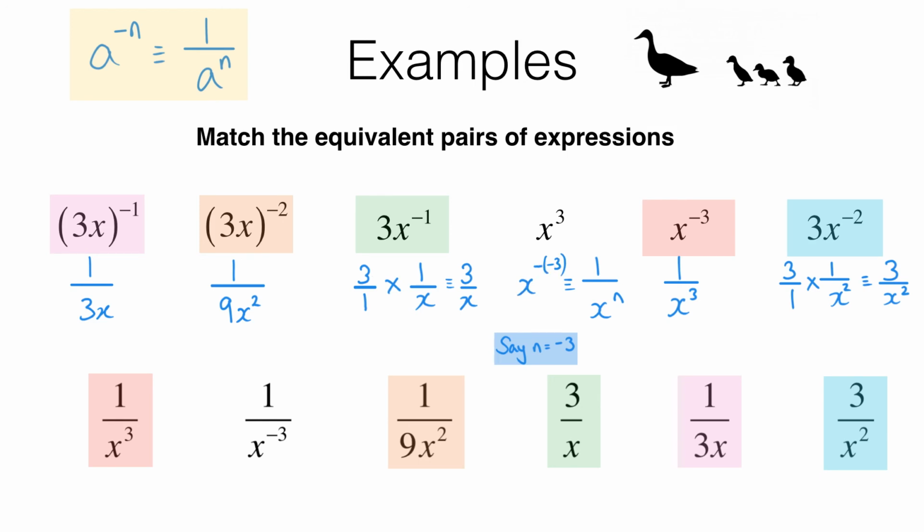X to the negative negative 3 is just x to the positive 3, which is what we've got there. And that means because we said n was negative 3, I can replace this n here with negative 3. So I have x cubed being equivalent to 1 over x to the negative 3, which is that one there.